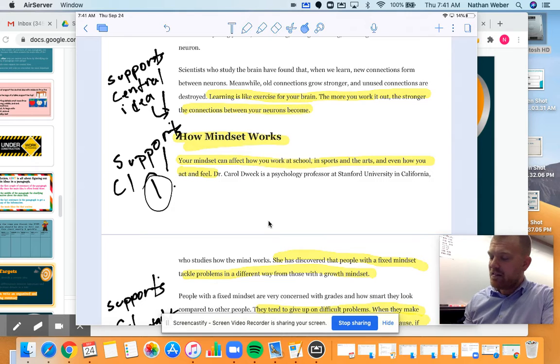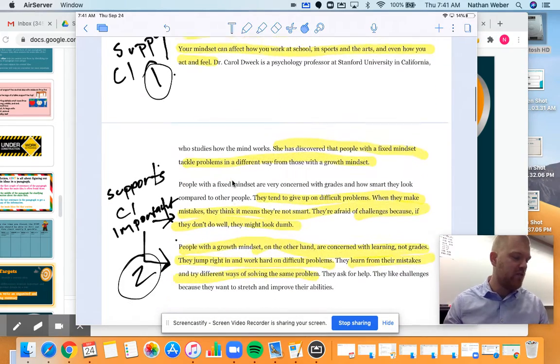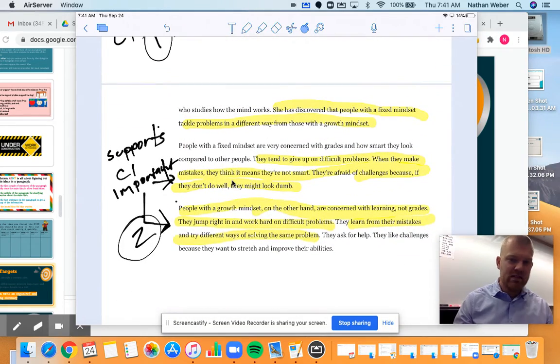Your mindset can affect how you work at school, in sports, in the arts, and even how you can act and feel. That's going to be supporting detail number 1. I really like that one, and that's from the beginning. And then after I kept reading, I realized that in this section, when they're talking about the different mindsets, I found my other detail that I really liked.